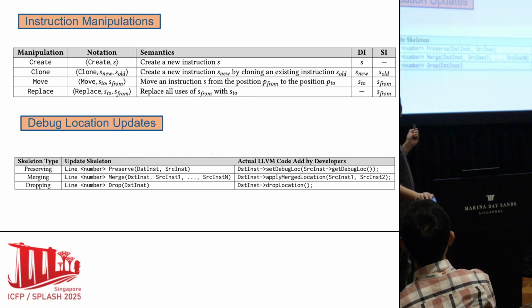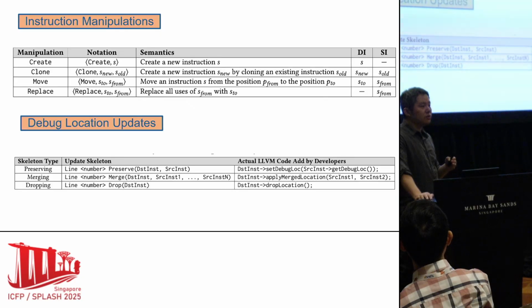To sum up, we can instrument the internal structure of your compilers and obtain two types of information. The first type is about instruction manipulations, where we can focus on creation, clone, move, and replacement. And in terms of debug location updates, according to the LLVM's documentation, we can identify three operations: preserve, merge, and drop. We can also instrument the corresponding APIs in LLVM's source code.